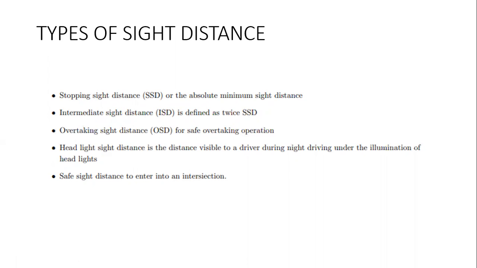That distance is called the intermediate side distance, and it is generally calculated as twice the SSD, that is two times the stopping side distance, or the absolute minimum side distance. We'll see that when we do the numerical. Just keep all these concepts in mind.